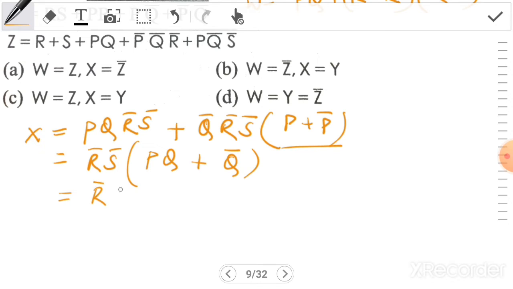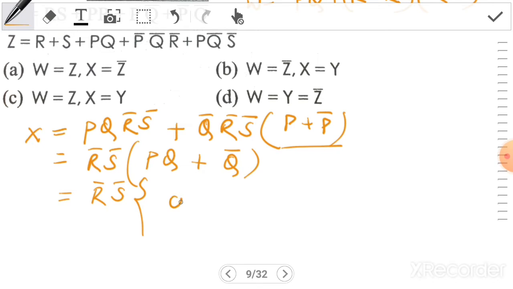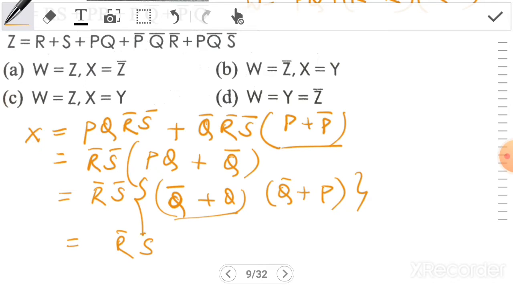Again you can write this as PQ plus Q complement, plus Q and Q complement plus P. So this is one. So now R complement S complement times Q complement plus P, which is P R complement S complement plus Q complement R complement S complement.